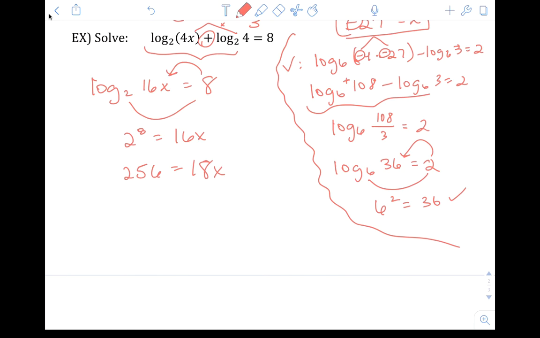Let's see, that would be 2 times 2 is 4, times 2 is 8, times 2 is 16, times 2 is 32, times 2 is 64, times 2 is 128, times 2 is, yep, I'm right, 256. So, I don't know why I just put an 18 there as well. Nope, that's a 16. So 2 to the 8th is 256. We're going to divide by 16. Coincidentally, 256 divided by 16 is 16.